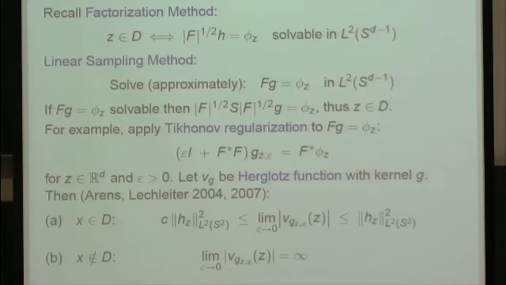So with this interpretation, you also have a kind of precise proof that the linear sampling method also works. But this theorem is only true for those situations where the factorization method works. And then you can take the factorization method right away.